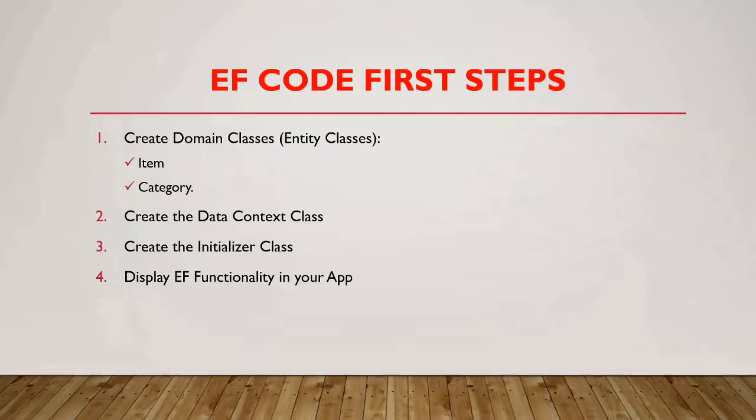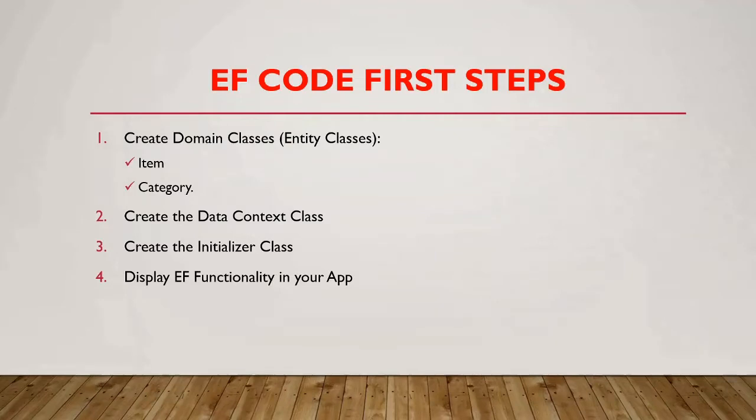We have 4 steps to implement Entity Framework code first. First thing we need to do is create our classes, the domain classes. In this case, we are going to create a shopping application. We would like to create the very basic: just an item class and a category class. Item represents a product, so our shopping store sells multiple items or products, and we also organize these items into categories.